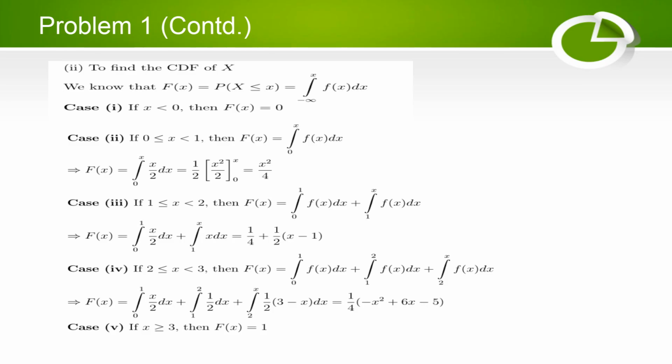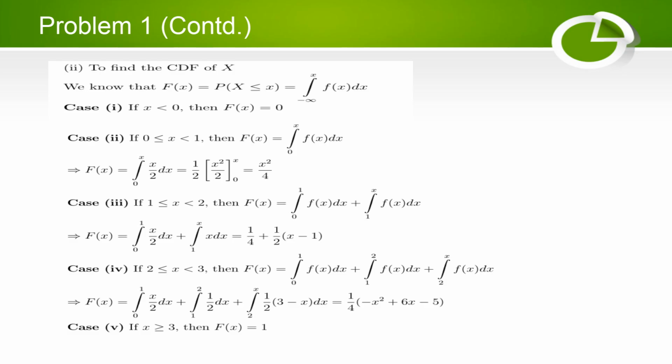Case 2: if 0 less than or equal to x less than 1, then F(x) equals the integral from 0 to x of f(x) dx. This implies F(x) equals the integral from 0 to x of x by 2 dx, which equals 1 by 2 into x squared by 2 with limits 0 to x, equals x squared by 4.